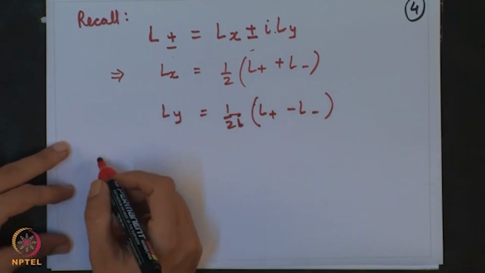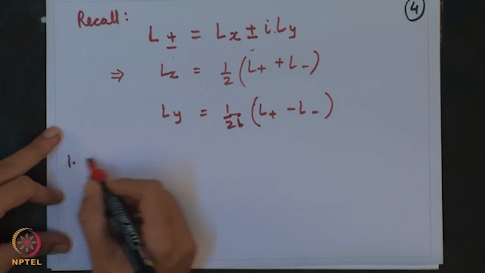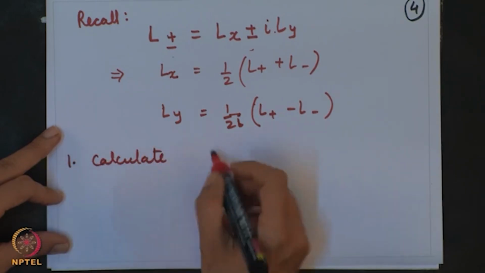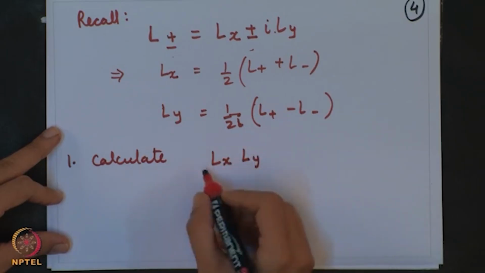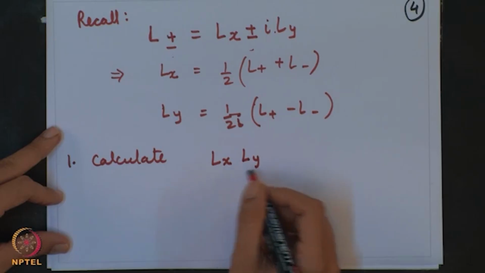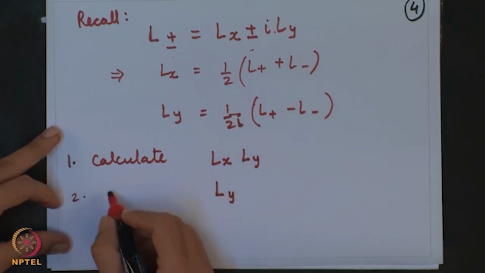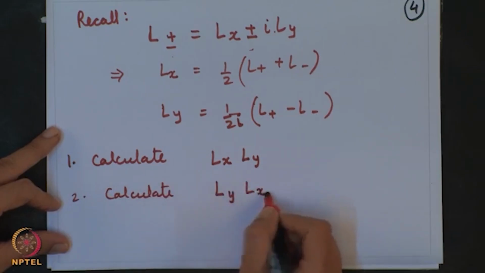So, what we do here is we first calculate, step 1, Lx Ly. In the Hamiltonian, what are the terms you have? Lx Ly, Ly Lx. Then second, calculate Ly Lx.